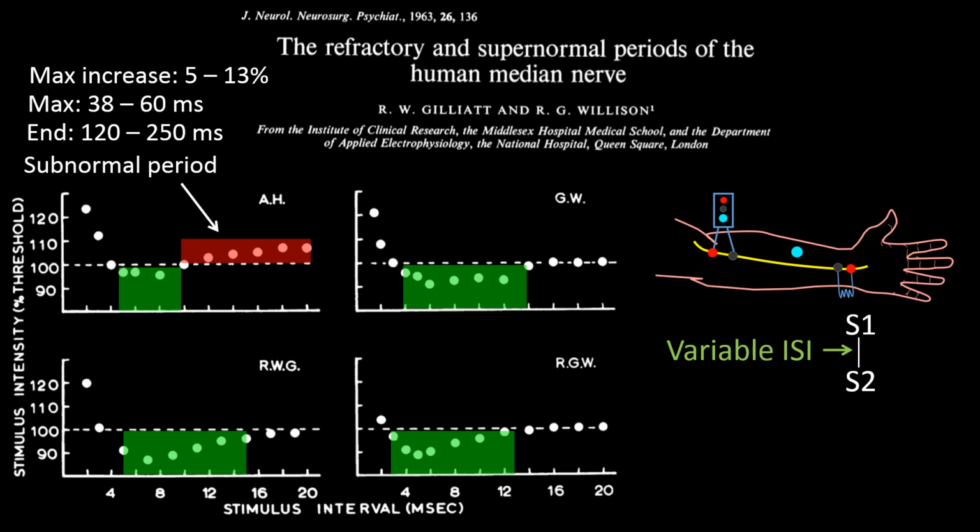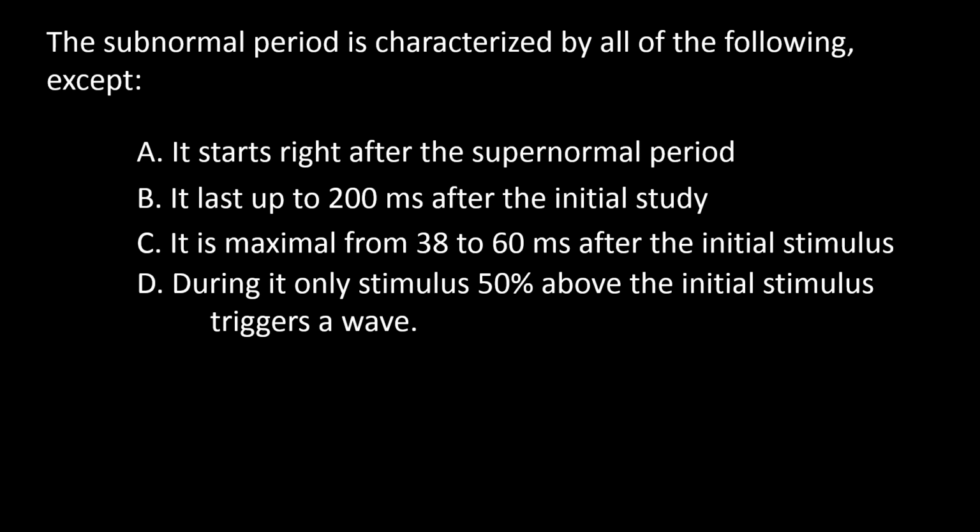And the stimulus to be affected must be 5 to 13% stronger than the initial stimulus and not 50% as it is stated in the question. So the answer to this question is D. Thank you very much for your attention.